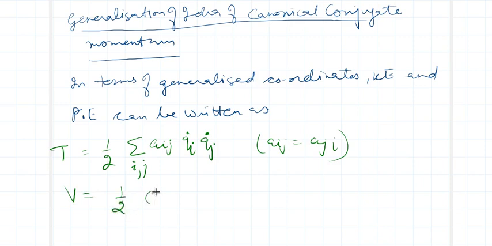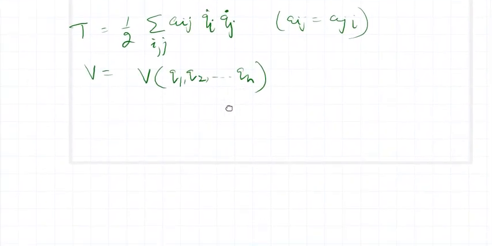P, which is basically a function that may be anything, so it is P of Q1, Q2 and so on up to Qn. Very simple idea. Now the Lagrangian is defined as L equal to T minus P, and let me put their values here.